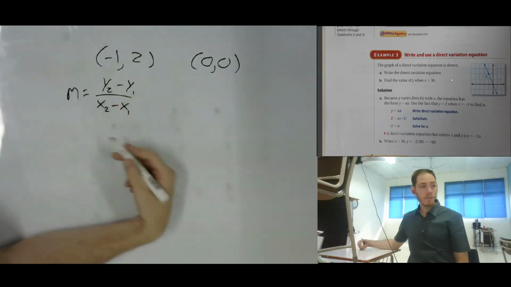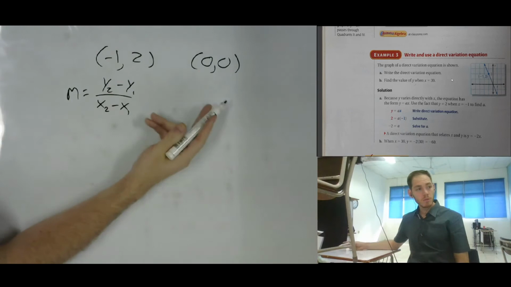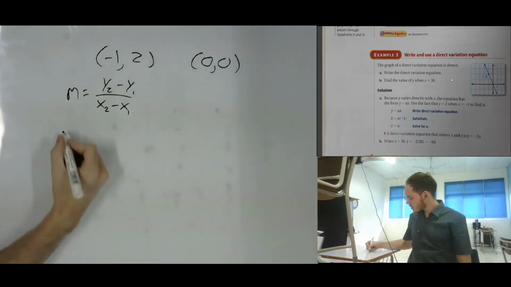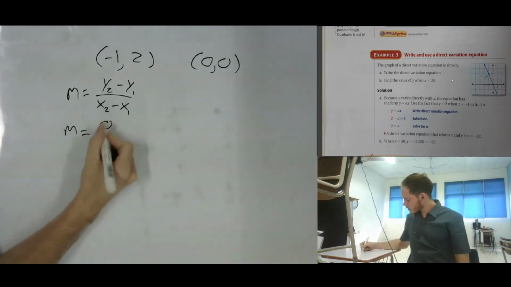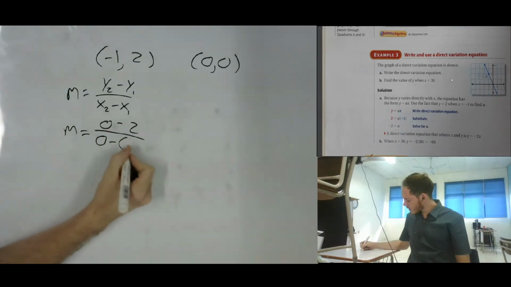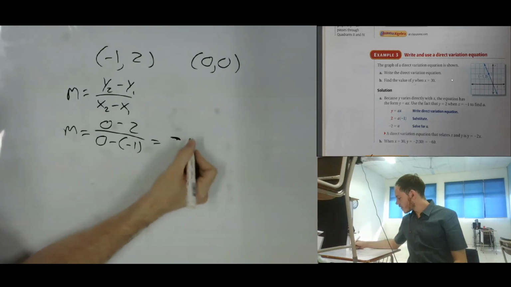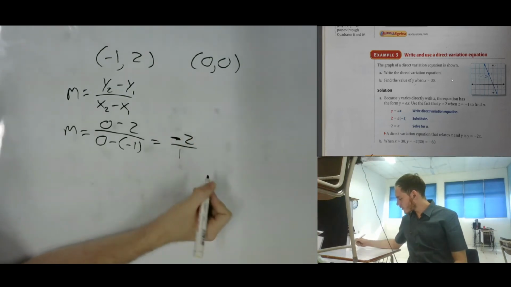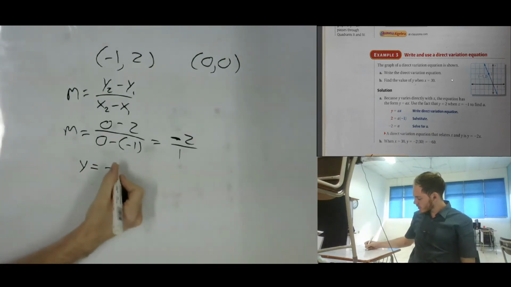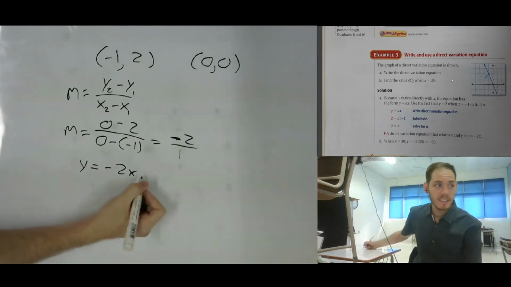You're going to need to memorize that formula. It should be embedded in your memory. We'll choose which one we want to be y2, x2, so this will be y2, x2. So m equals 0 minus 2 over 0 minus negative 1. The top is negative 2, and the bottom is positive 1. So our slope is negative 2, so y equals negative 2x because we cross the y-axis at 0.